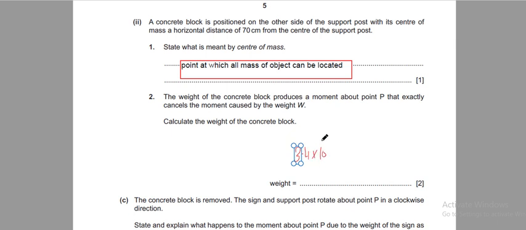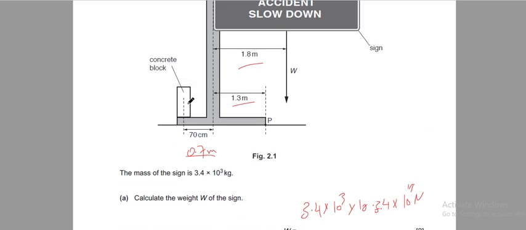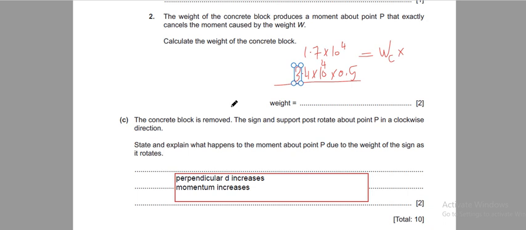3.4 times 10 to the power 4, which is the weight of the sign, times 0.5. All of this we have just calculated to be 1.7 times 10 to the power 4. We need this to equal the weight of the concrete block times the perpendicular distance from its center of mass, or weight, to point B, which is 0.7 meter plus 1.3 meter, so it is 2 meter.